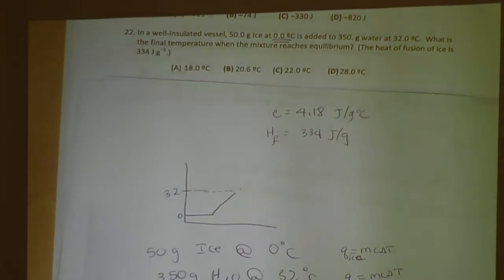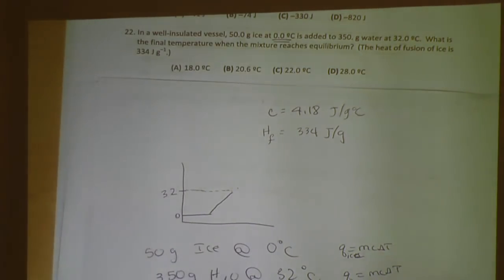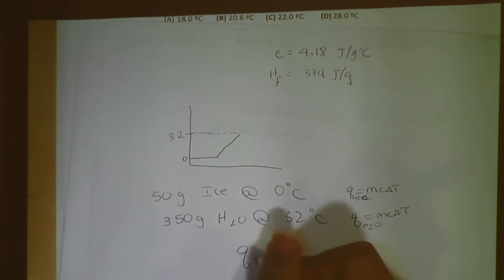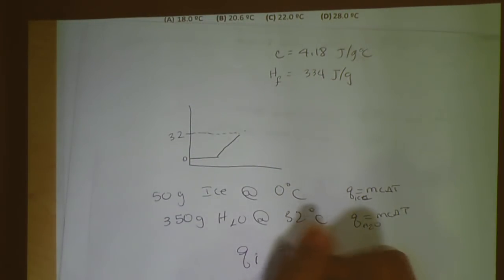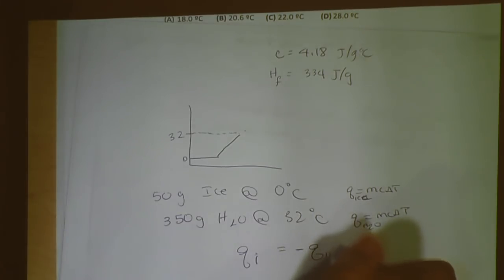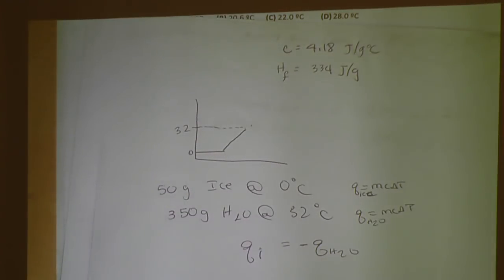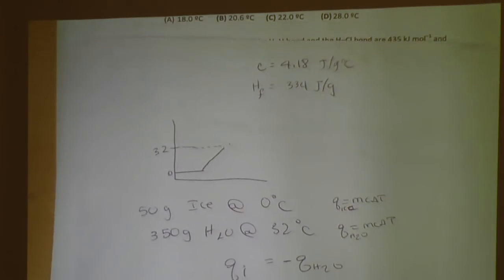So this is kind of like a coffee cup calorimeter type of problem, where you do Q of, for example, the ice is equal to negative Q of the water. Right? So the heat that is lost from one system is absorbed by the surroundings. So you would use that type of equation.